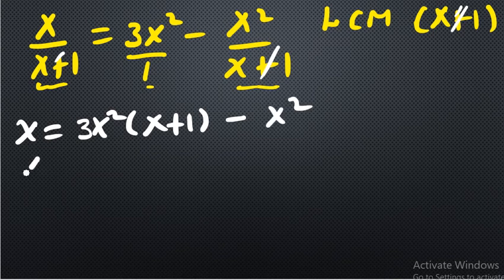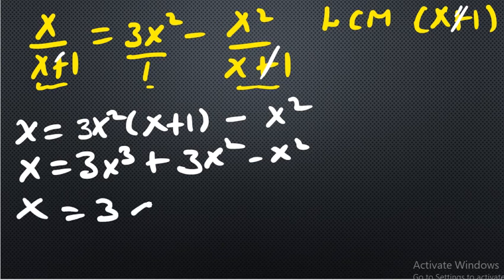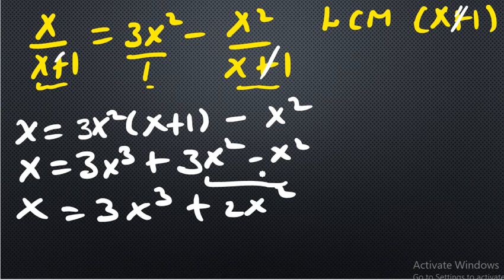Then let us finish it, which means x is equal to 3x cubed plus 3x squared minus x squared. Again, x is equal to 3x cubed plus 2x squared. We can take the difference here because these two are like terms.